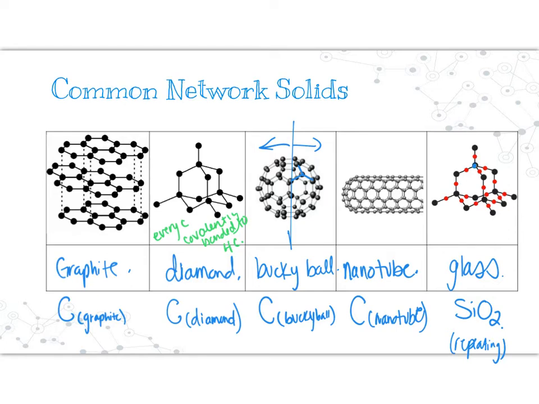So this is silicon, and it is connected to 2 oxygens here. Then we have another silicon that is connected to 2 oxygens, and another silicon that is connected to 2 oxygens, and you can see how they keep repeating.